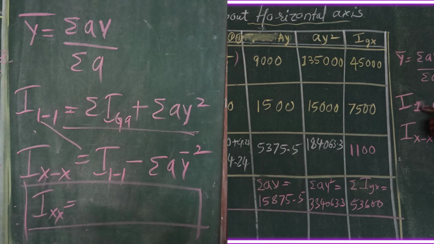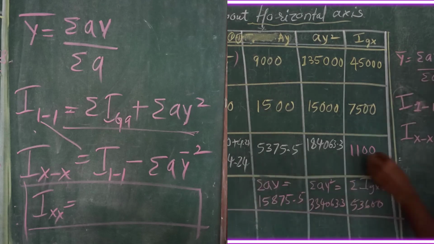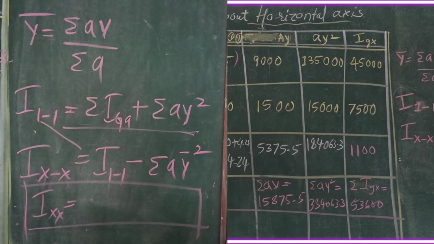Is it clear? Whatever moment of inertia you get here, you substitute here, minus the sum of area into the y bar value. Whatever y bar value you get, you substitute it raised to the power of 2. Then you will get the moment of inertia along the x-axis.